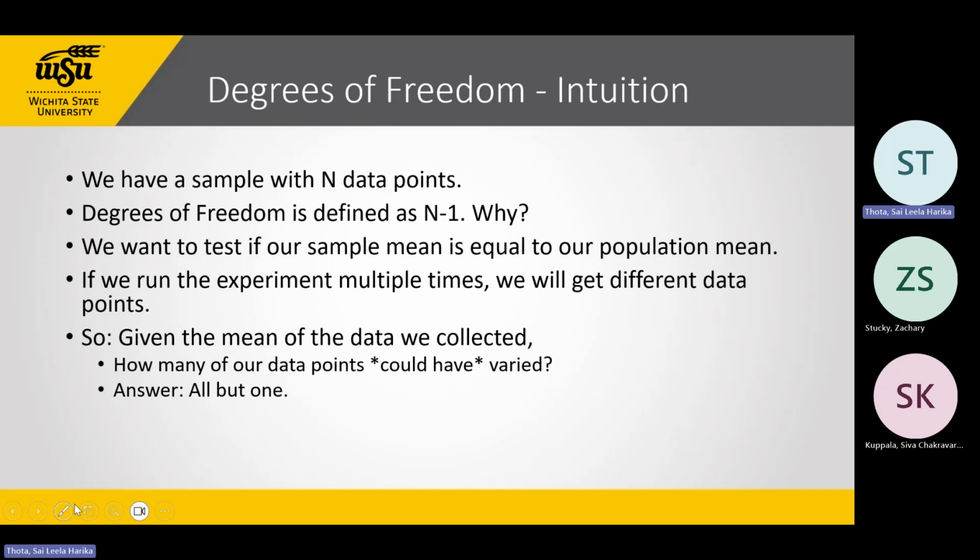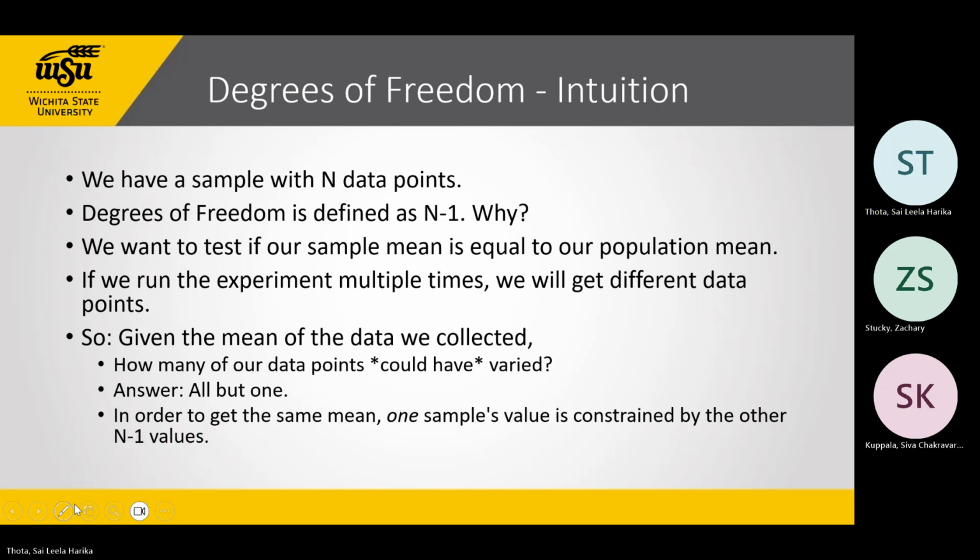And if we run the experiment multiple times, we get different data points. Given the mean of the data we collected, how many of our data points could have varied? The answer is all but one. If you run the experiment multiple times, you will get the data points at different places, and if you observe the mean, we can see how the mean is changing from the sample compared to the population.